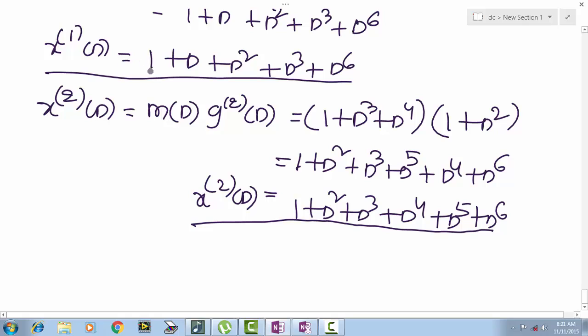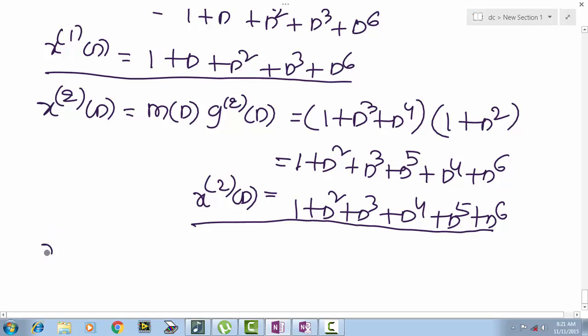Okay, now express these two polynomials as sequences. So how to write down the sequences? Look at the coefficients of the unit delay parameter. Now for the first output polynomial, 1 means this is the coefficient of d power 0.